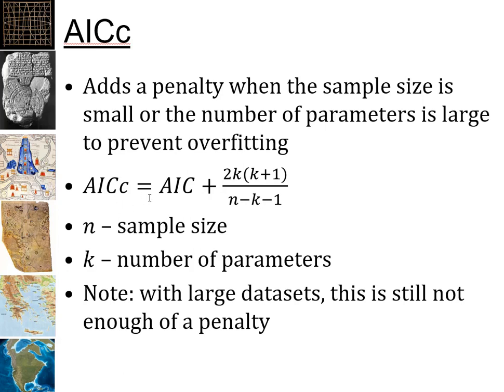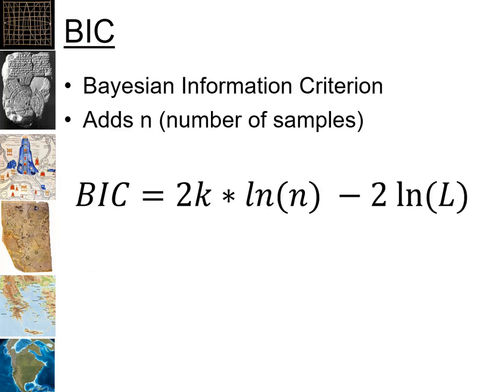You will see that. It's still not really enough of a penalty, so we still run into that, and we'll talk more about that. BIC is another one, called Bayesian Information Criterion, and there's actually a series of these that have been developed to try and improve upon this whole process. So that's AIC and its relatives.